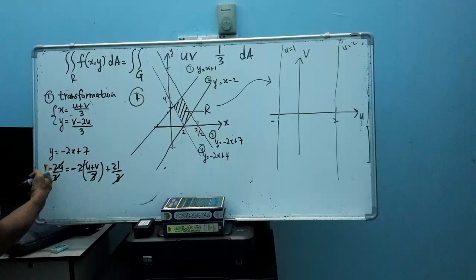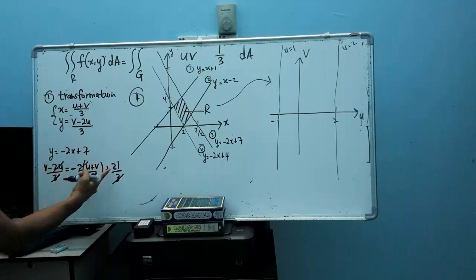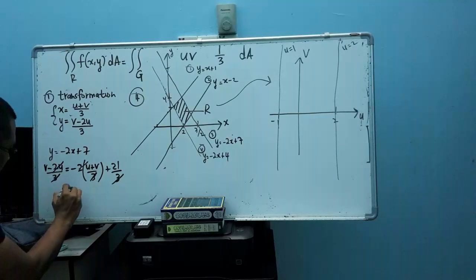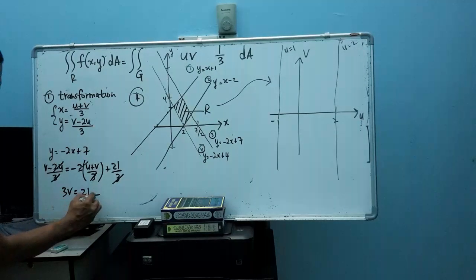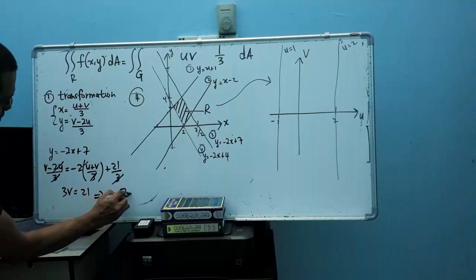So I will have 3v here equals 21. So from here, v is equal to 7.